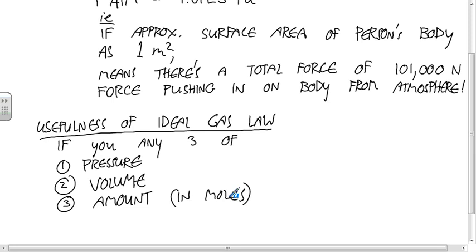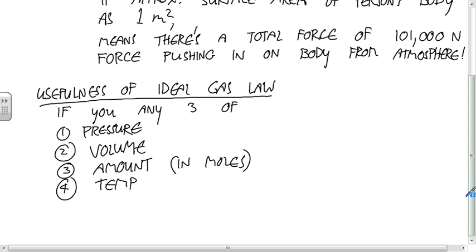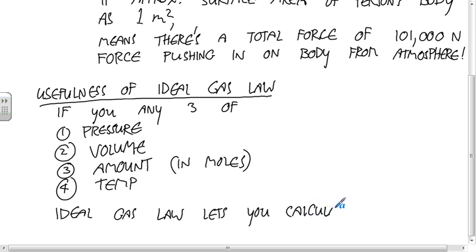And then the fourth one is the temperature. If you know any three of those four quantities, the ideal gas law lets you calculate the fourth one.